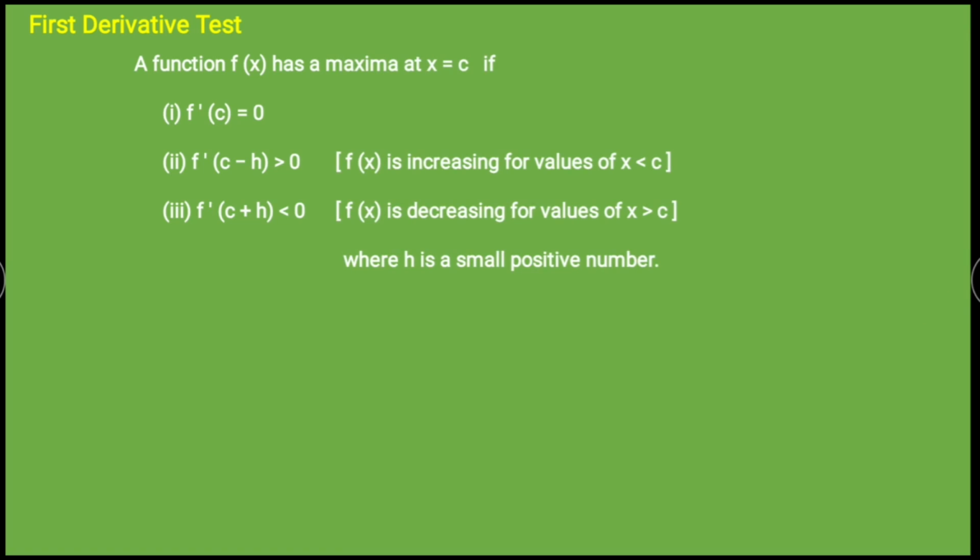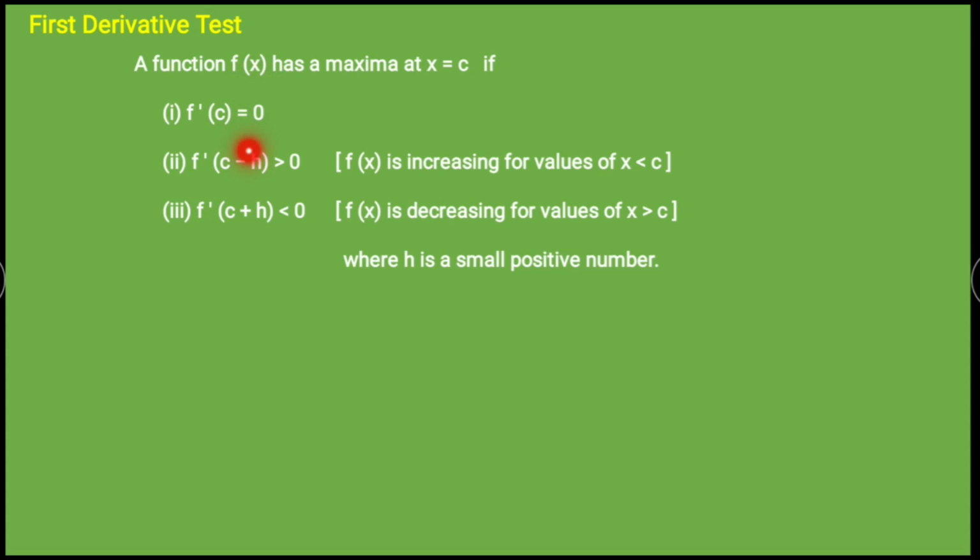So in this way, with the help of the first derivative, we find the extreme point. So see here, a function f(x) has a maxima at x equals c if, number 1, f'(c) equals 0, number 2, f'(c minus h) greater than 0, that is f(x) is increasing for values of x less than c, and number 3, f'(c plus h) less than 0, that is f(x) is decreasing for values of x greater than c, where h is a small positive number.